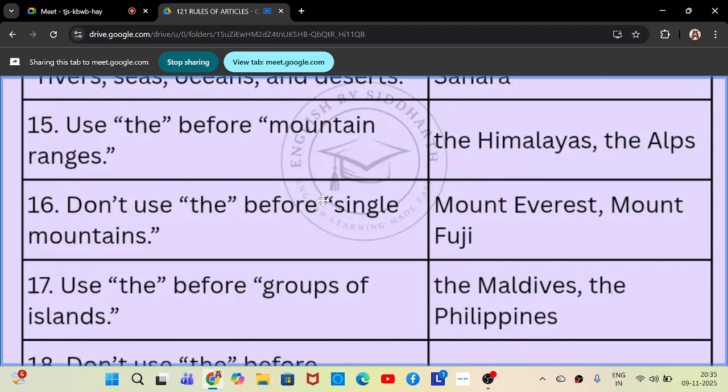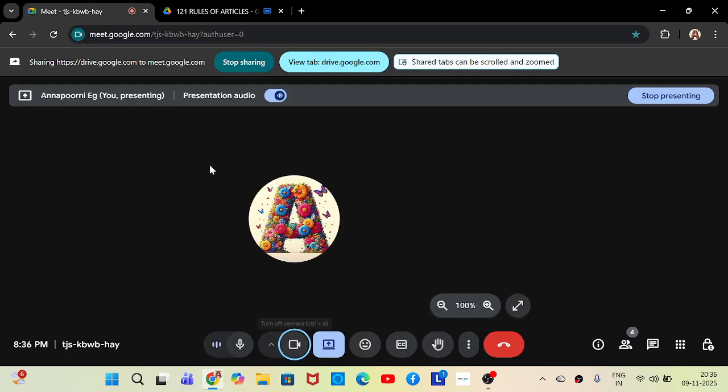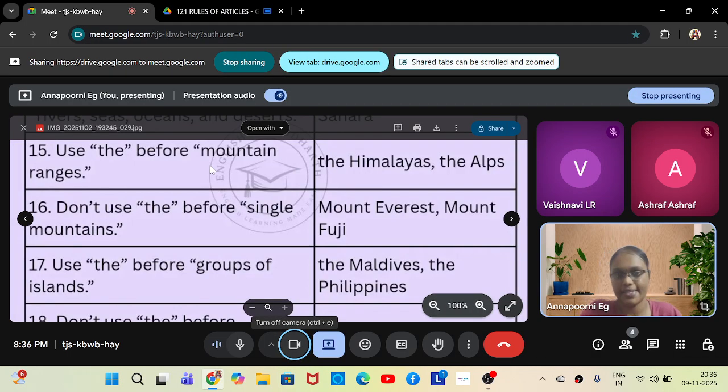Next one, use the before mountain ranges. When you want to speak about mountain ranges, big mountains, you can use the. For example, the Himalayas, the Alps, etc. Now, if it is a singular mountain, then don't use any article.